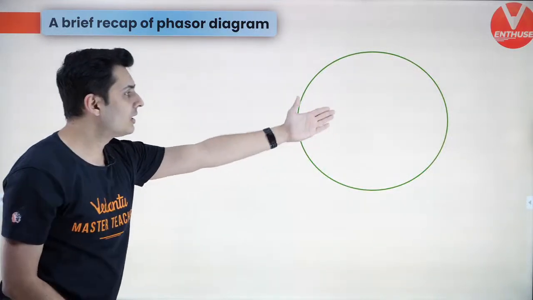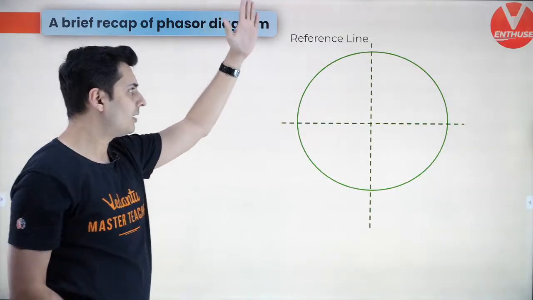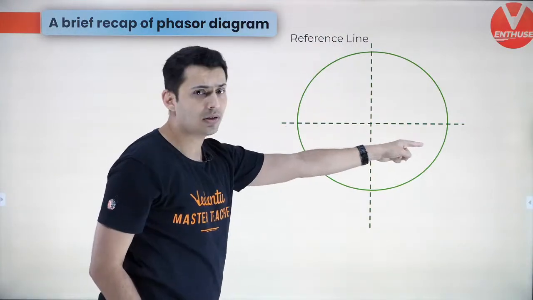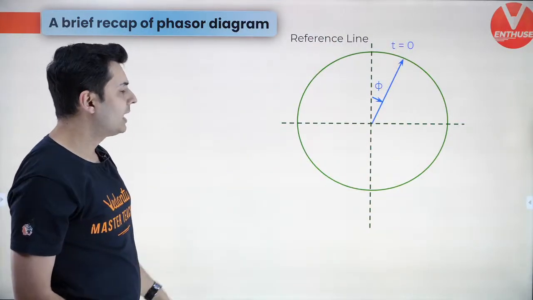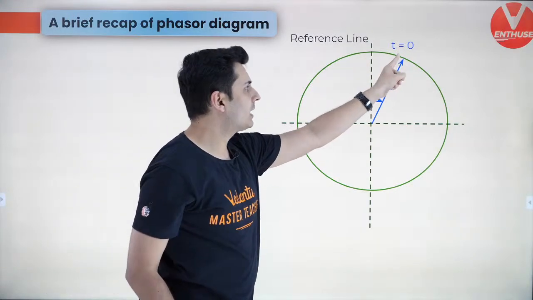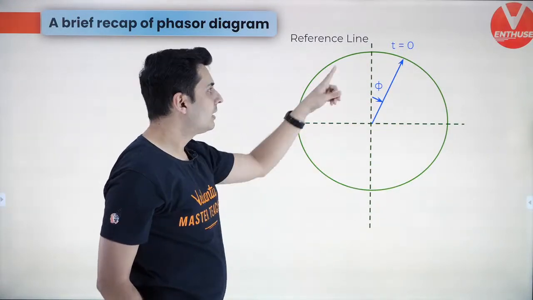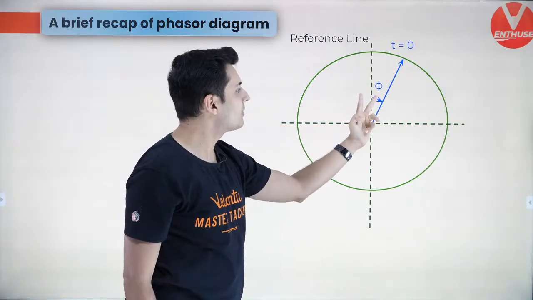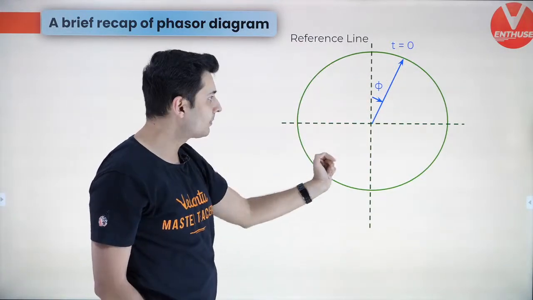So if I have a circle and I have a reference line, this is my horizontal axis. I imagine a particle which is going in a circular path. Initially the particle is over here, and this is the angle which it makes with our reference line.